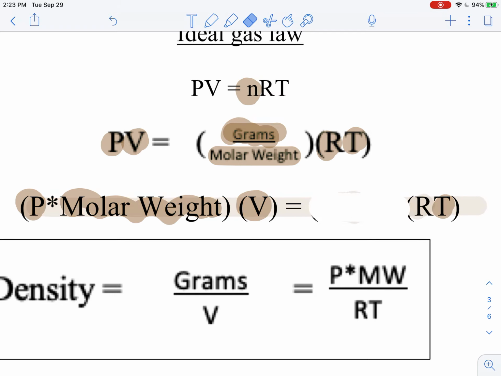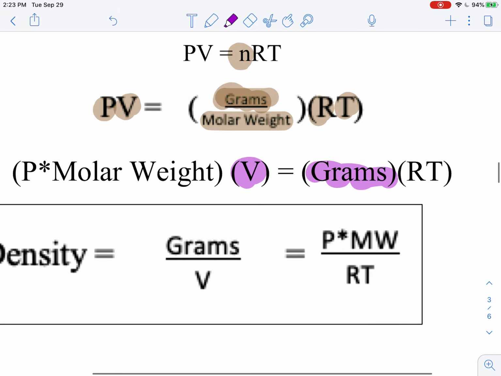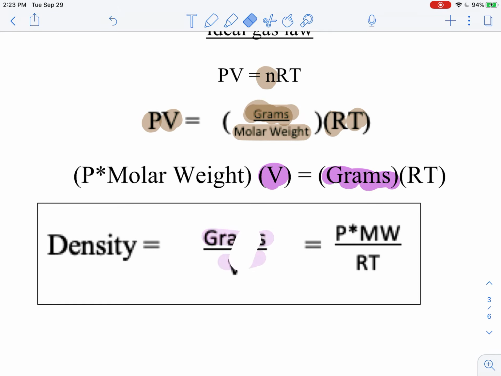So now what I'm really looking for is the density, but remember that the density is the grams divided by the volume. So if I divide the volume out of these and get grams per volume, I end up with the following equation. The density, which is grams per volume, equals the pressure times the molar weight divided by RT.